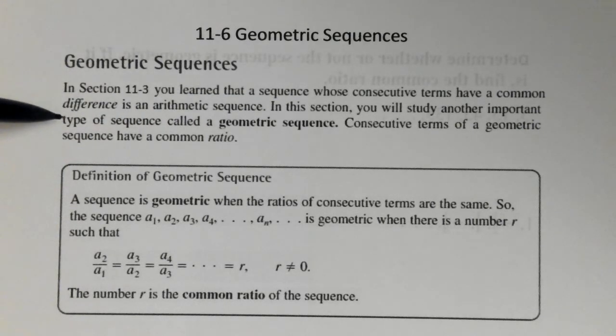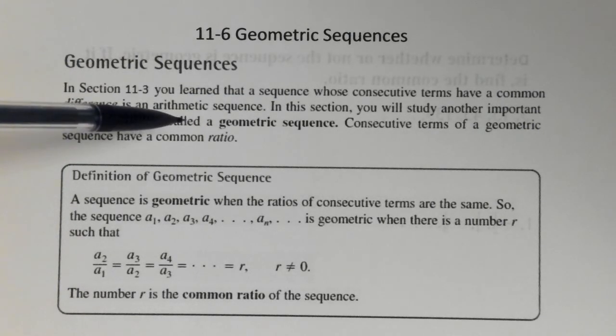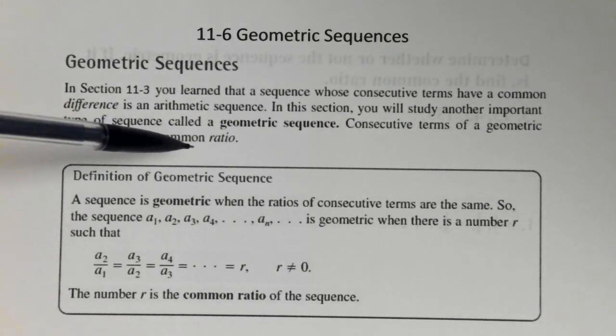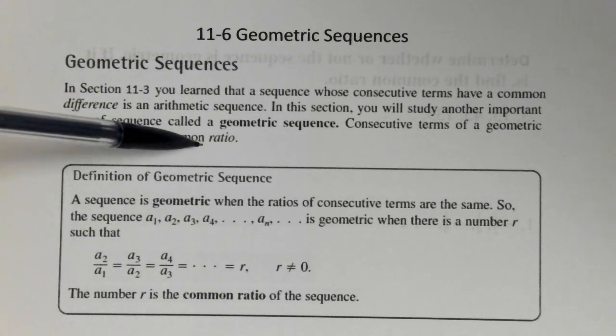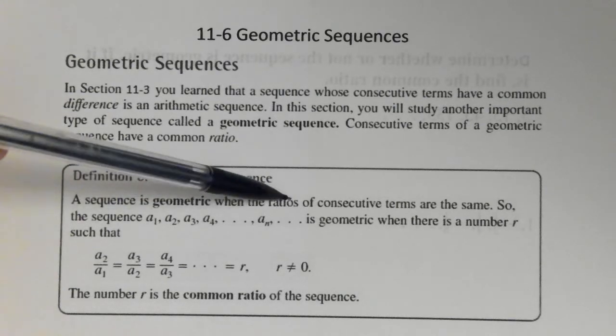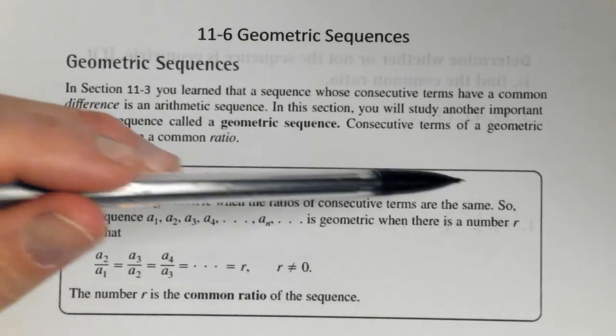Here we're going to be studying geometric sequences, and the consecutive terms of a geometric sequence have to have a common ratio. So not a common difference, but a common ratio. Here's the definition of a geometric sequence. A sequence is geometric when the ratios of the consecutive terms are the same.